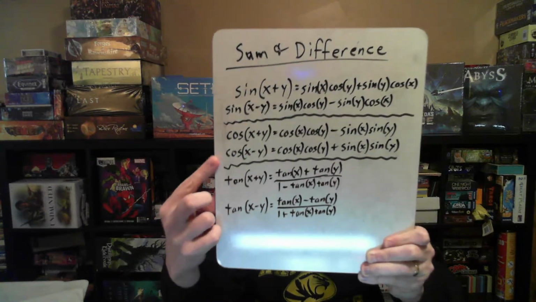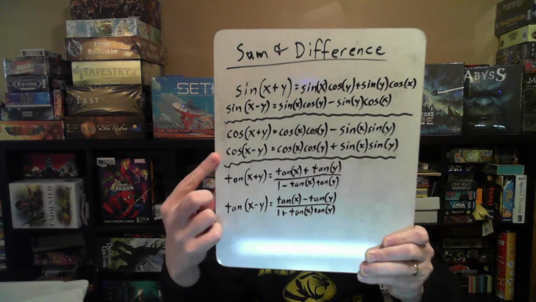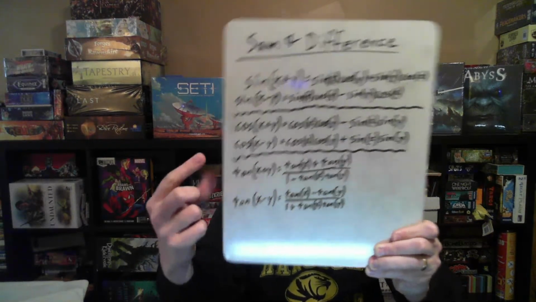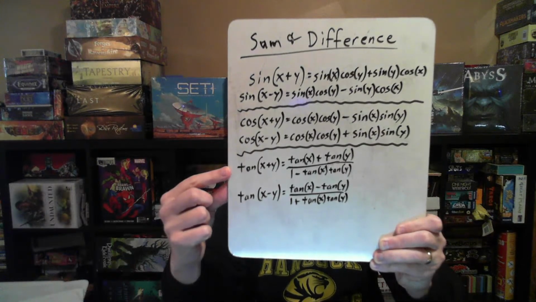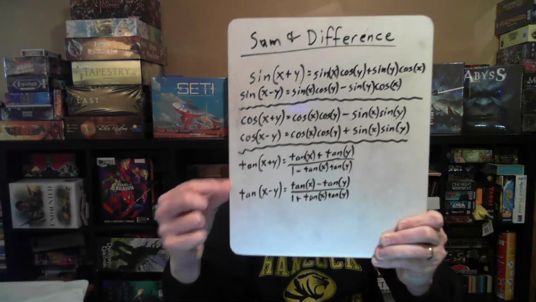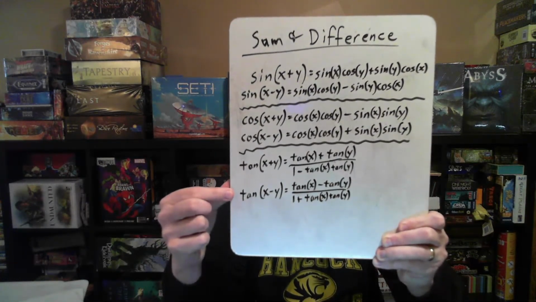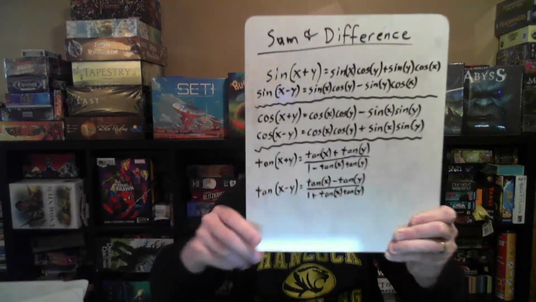When it was minus, we had a plus in there. But it was still cosine, cosine, sine, sine in both those cases. Same thing with our tangent. X plus y, we had a plus on the top, minus on the bottom. When it was minus, we had a minus on the top and a plus on the bottom. So we can see there's definitely some similarities in those formulas.